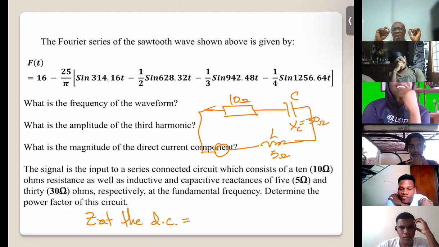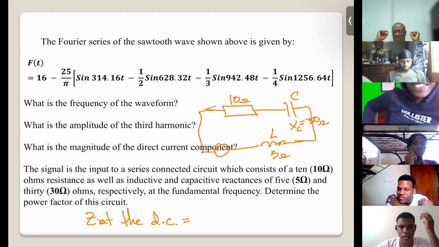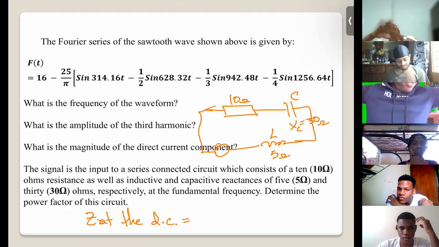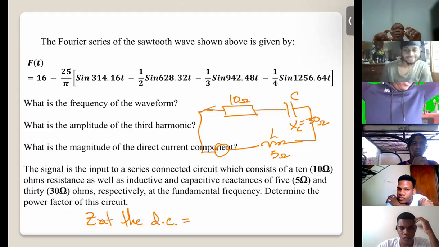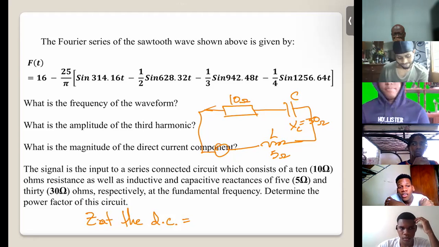Why did you say that the DC component is 10? Sir, because it doesn't have any sine or anything connected to it. It's just by itself. All right. So if it is not sinusoidal, what would that say about the frequency? There is no frequency.